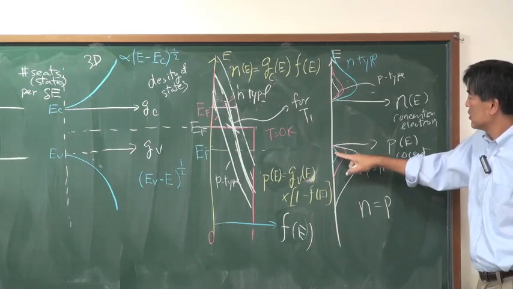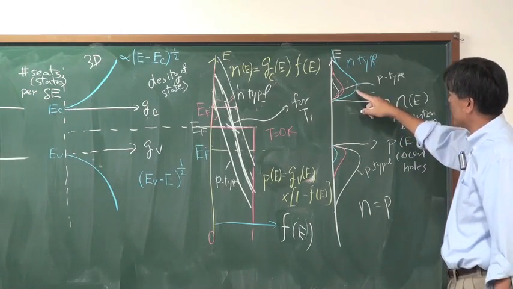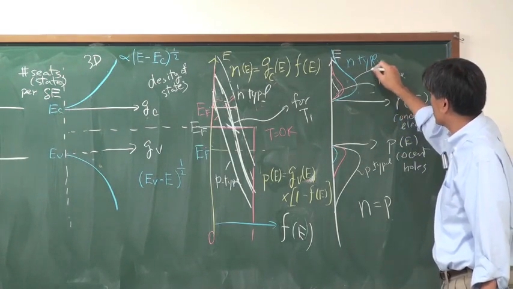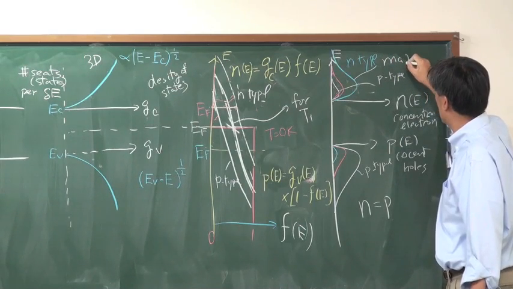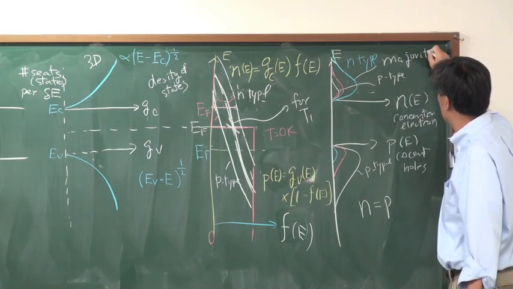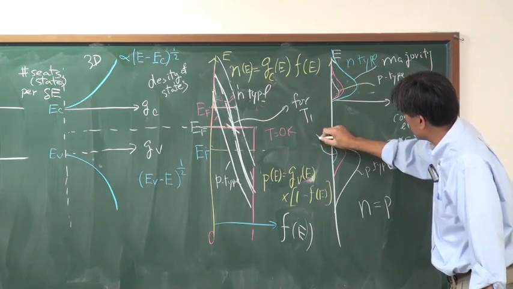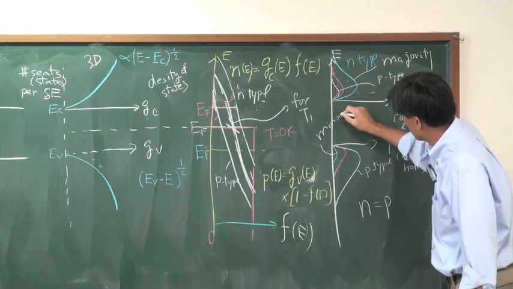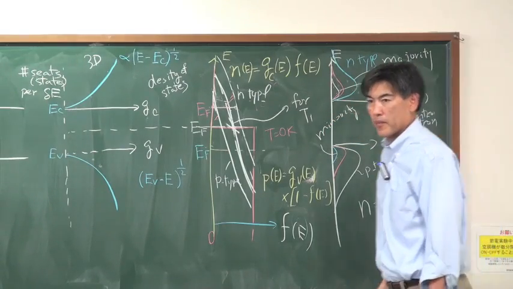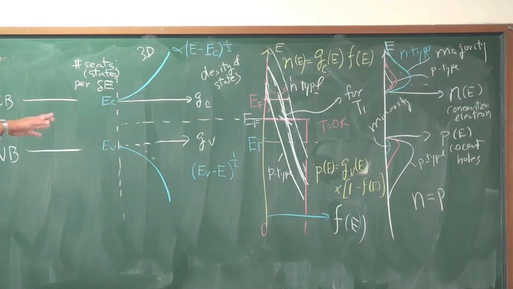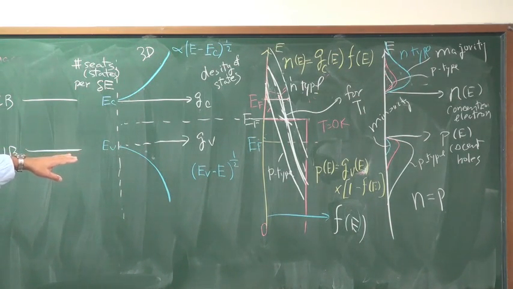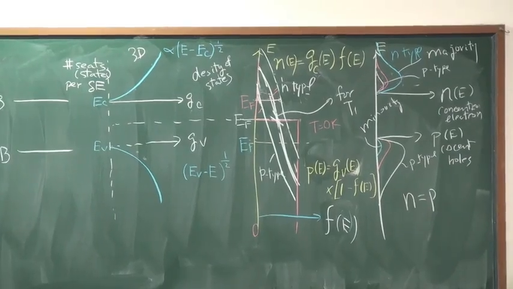Okay? This is the majority in n-type semiconductors, and this is the minority. In any case, there are always minority carriers, and that becomes important when it comes to device physics and device performance.